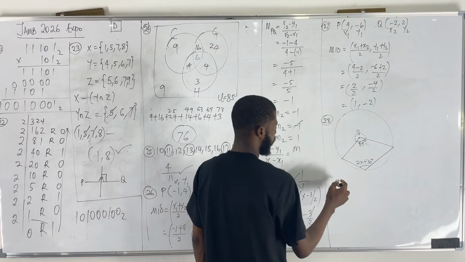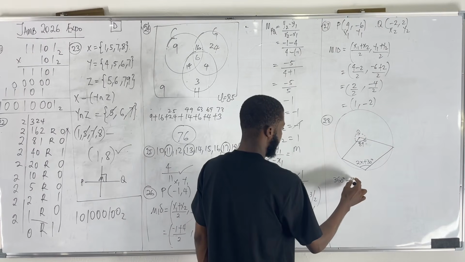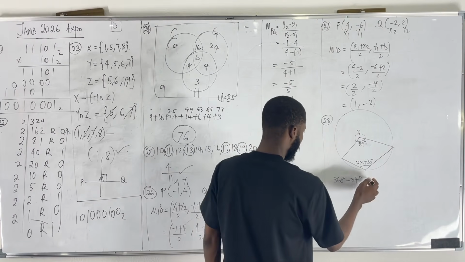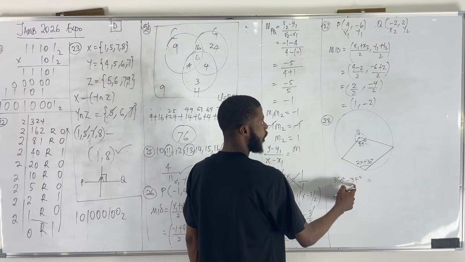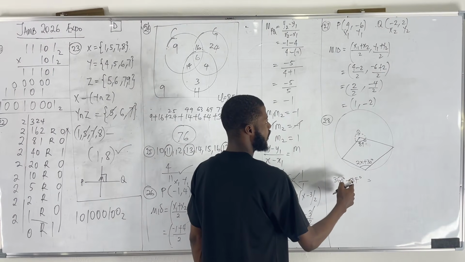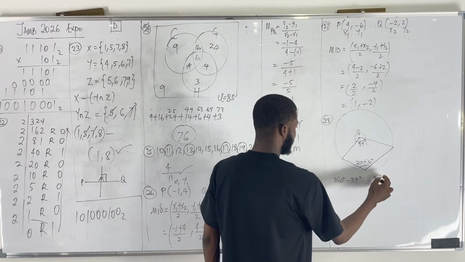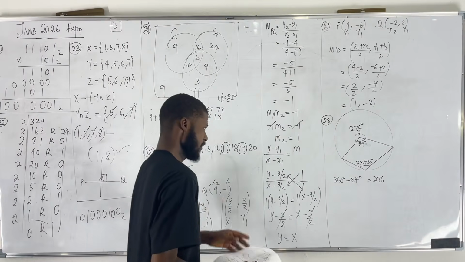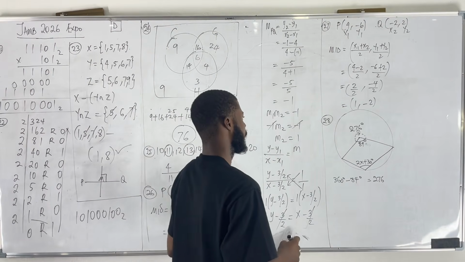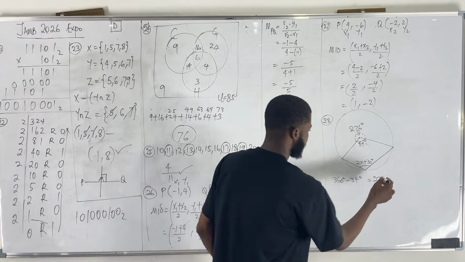So this angle here will become 360 minus 84. If I take 60 from it, this will be 300. Then minus 24. So that will be 276 if I'm not mistaken. So the angle here is 276. So that will be the angle right there. So 276 degrees.